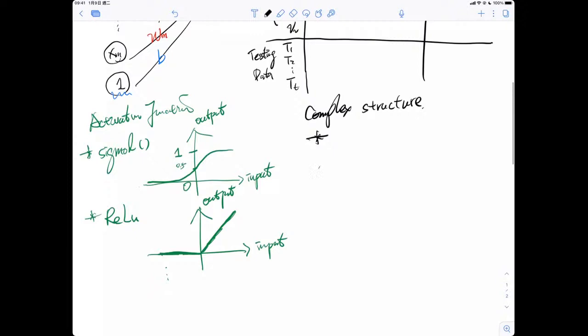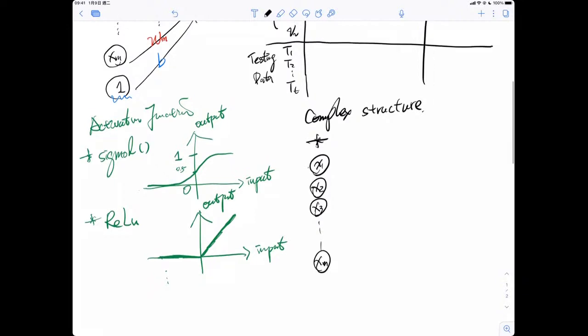We have different input values, which come from your data set. We just ignore B, which is more convenient. And we have a Y right here.